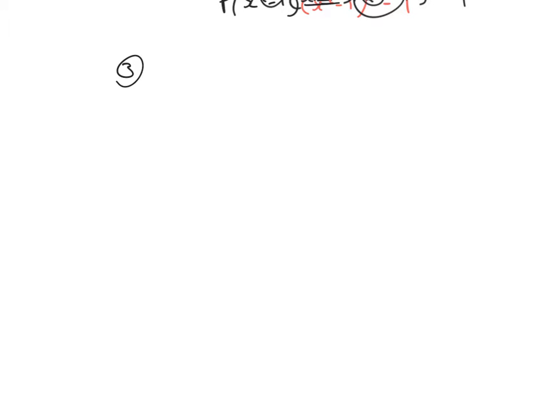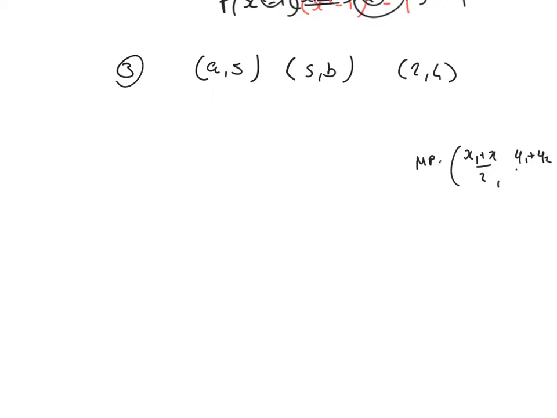Okay, question 3. The midpoint of a line joining these 2 points, (a, 5) and (5, b), is (2, 4). Find the values of a and b. So remember that the midpoint is given by (x1 plus x2) over 2, and (y1 plus y2) over 2.